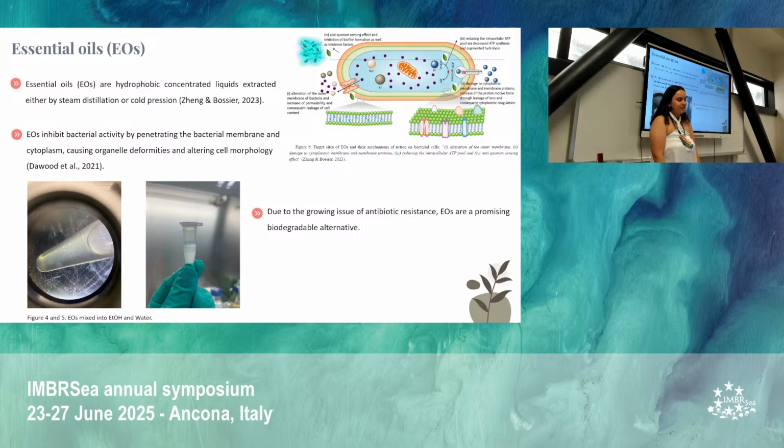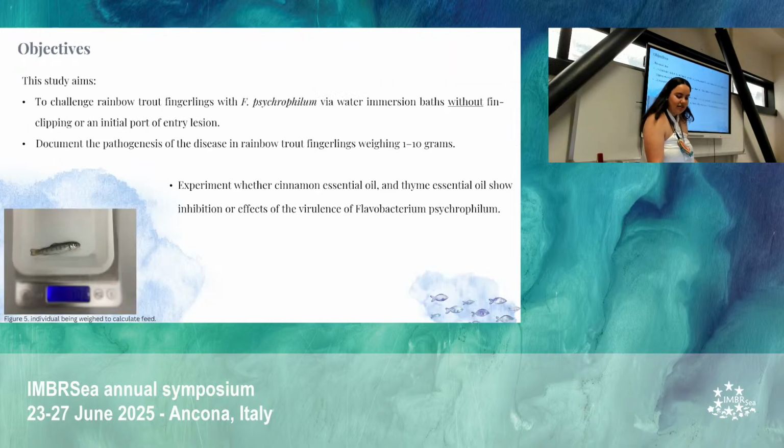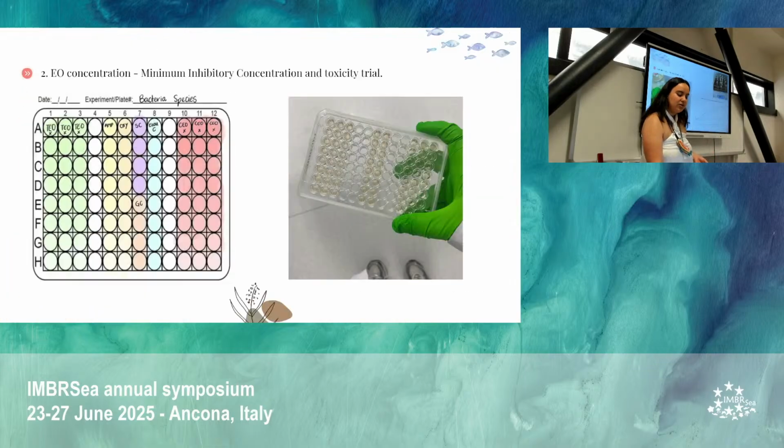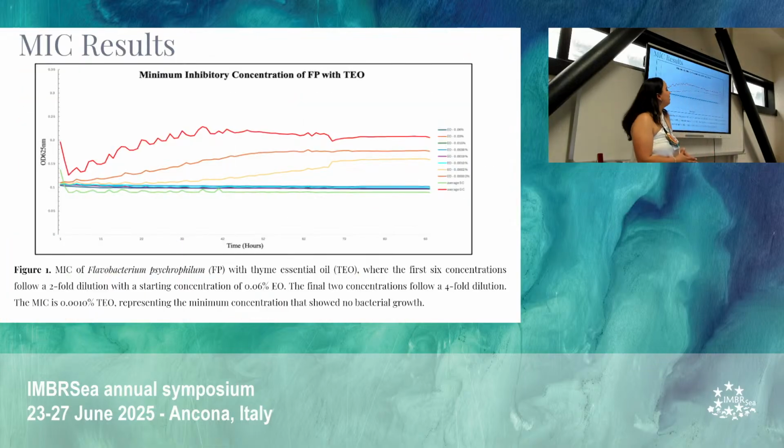Perfect. Do you think if we apply this essential oil, there can be essential oil resistance? Yes, that's a really good point actually, because that is one of the points for choosing which oil to use. If they are fully inhibitory, that can lead to the bacteria developing resistance.